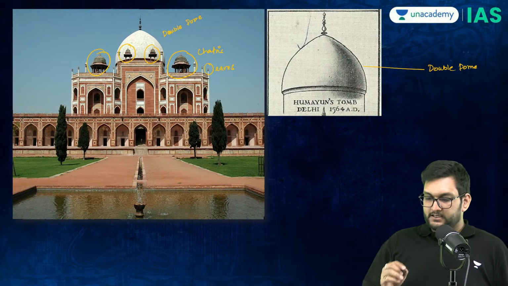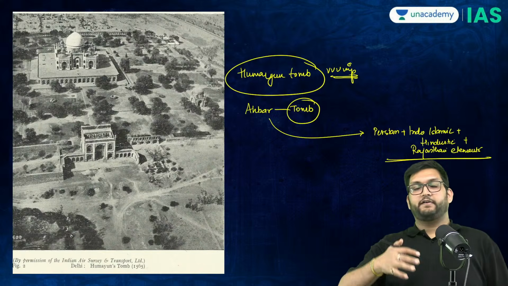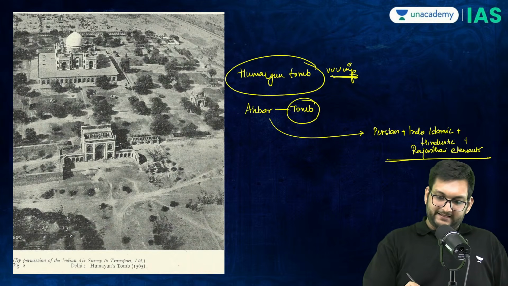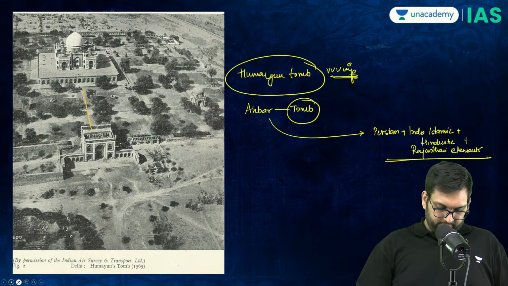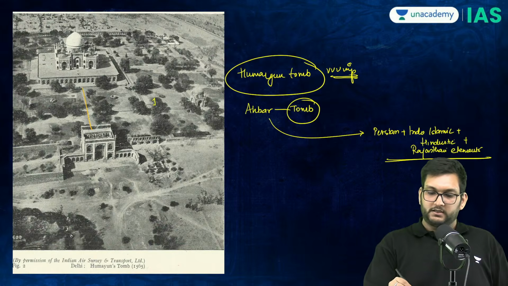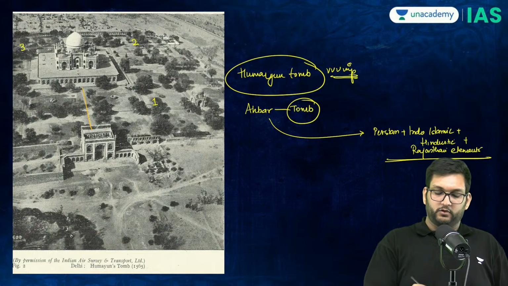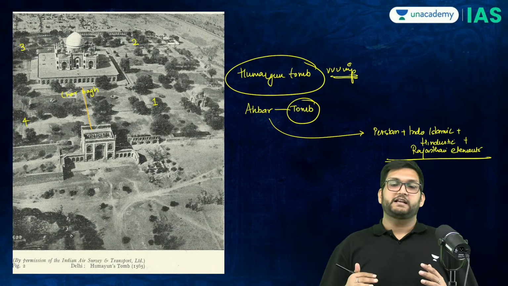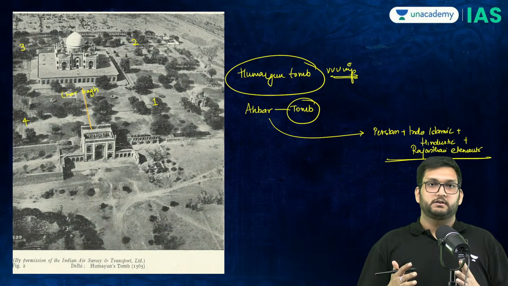Thereafter, we see a very interesting concept. If I have an aerial view, I see that it is in a quadrant, which is 1, 2, 3, 4. It's basically in a charbagh. So in the middle of the charbagh, they have created the tomb.